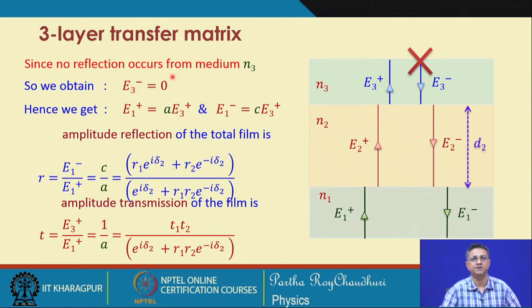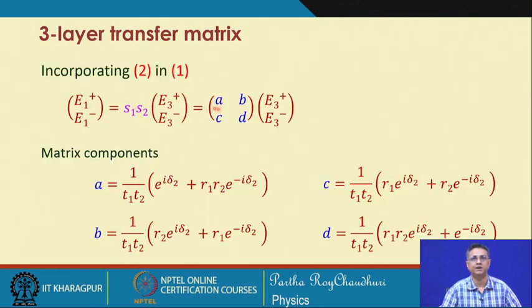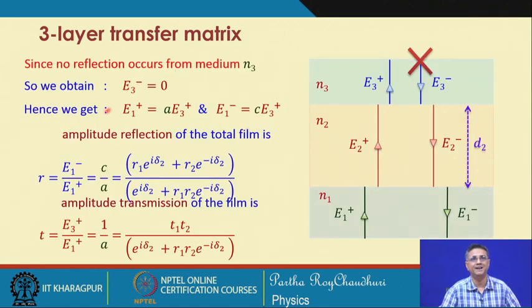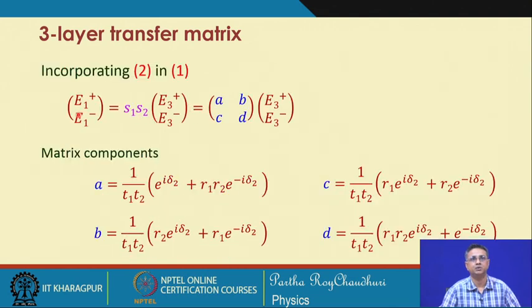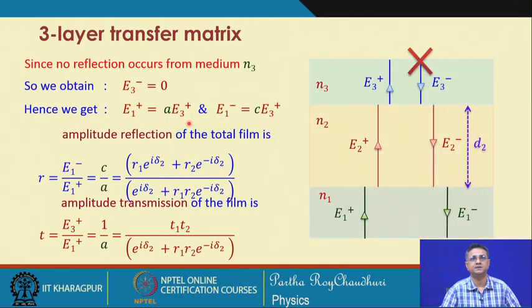So, if I use this E3 minus equal to 0 in this equation, then this part will become 0, and we readily get that E1 plus is equal to A into E3 plus, and E1 minus will be equal to C into E3 plus.